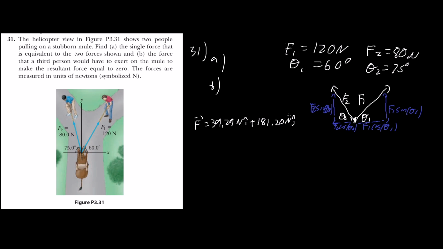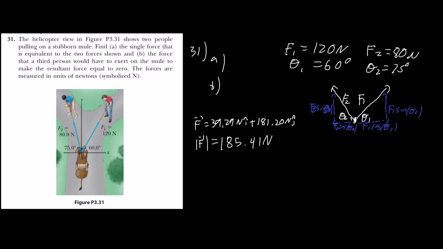Now, let's get the magnitude and the direction, and I'm going to put that all in part A, I guess. I like to just write the components, but if they want it, the magnitude of F is going to be 185.41 newtons, according to this, and the angle should be pretty straightforward.